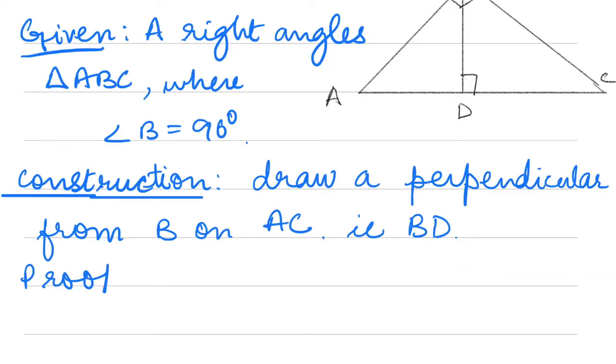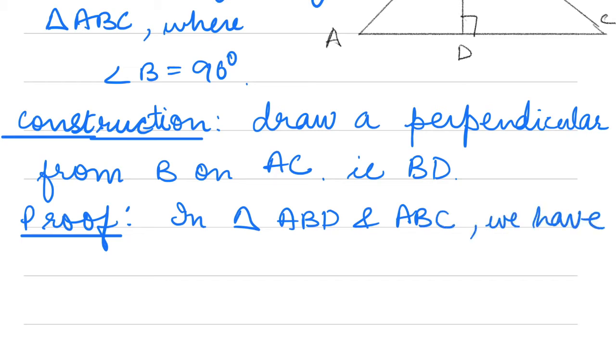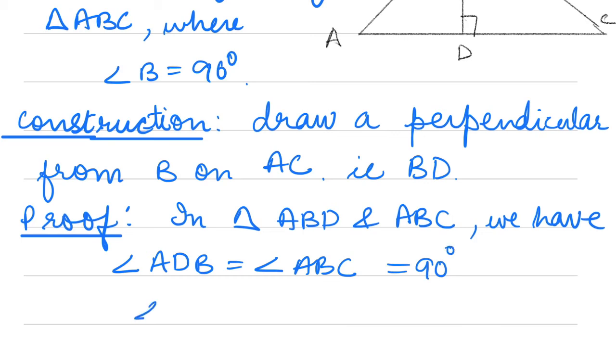The proof: in triangles ABD and ABC, we have angle ADB is equal to angle ABC is equal to 90 degree, and angle A is equal to angle A, that is the common angle in these two triangles.